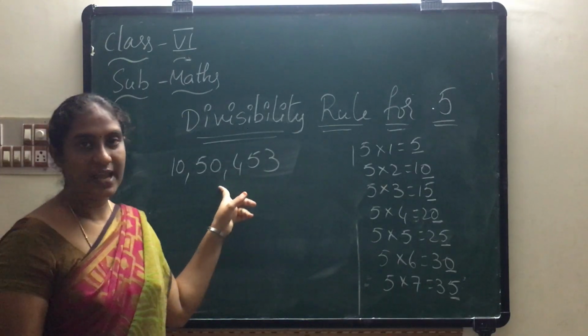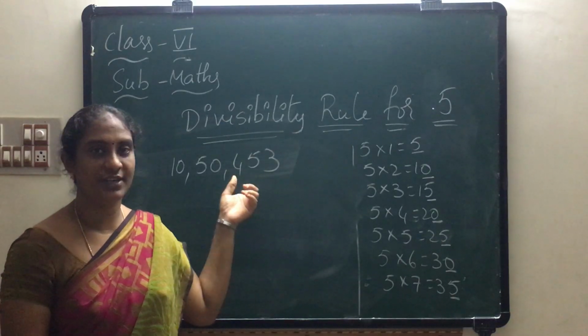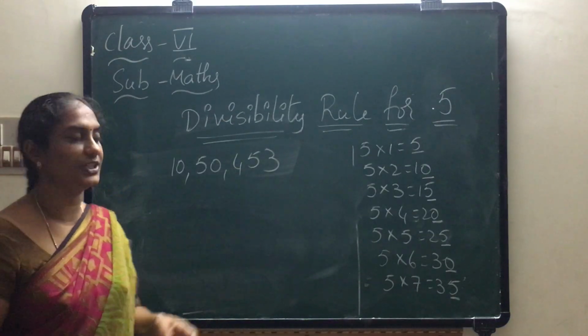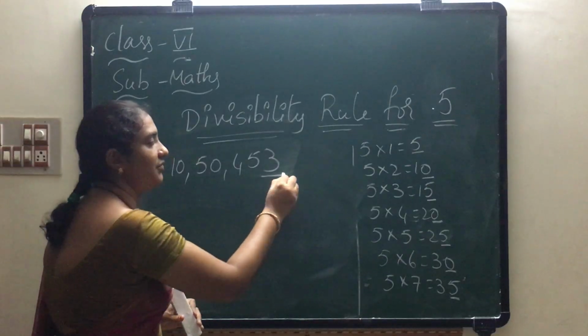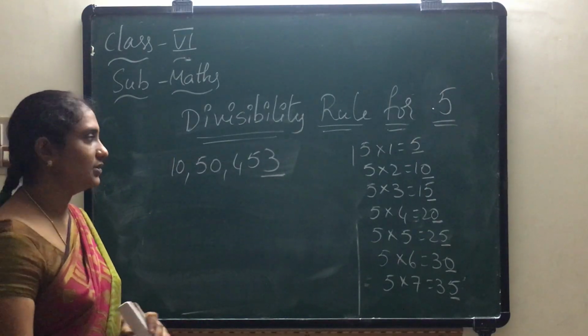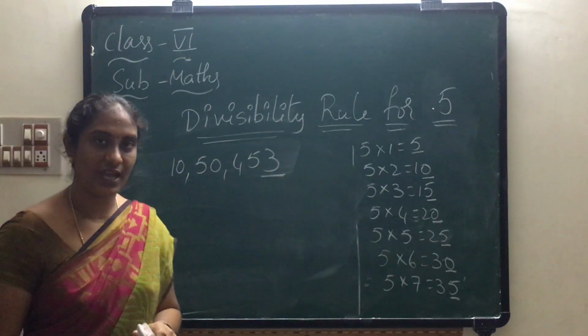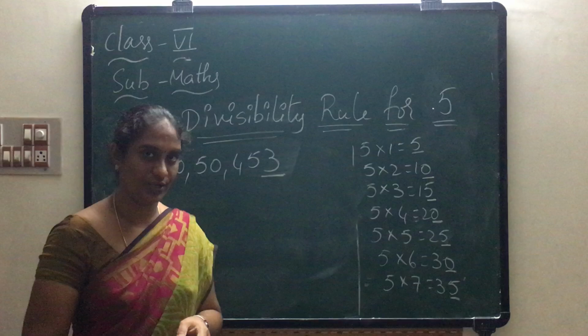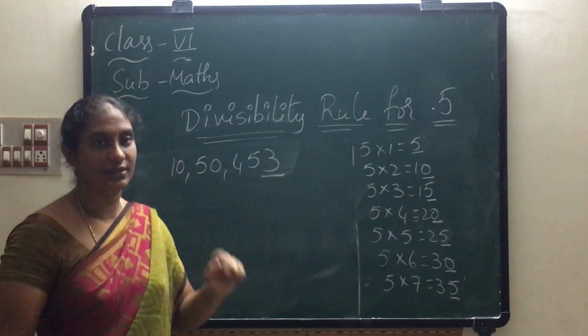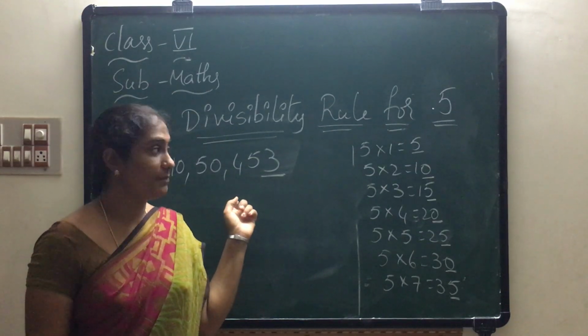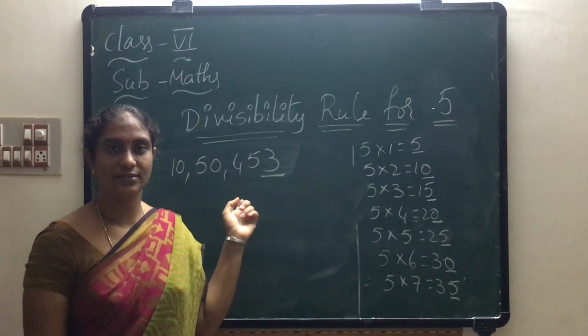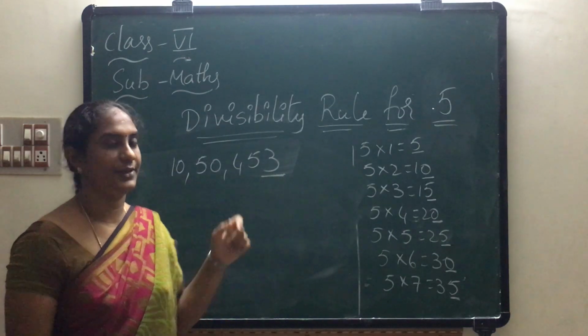Now, by observing this number, in the units place, what is the number we got here? 3. So, for the divisibility rule, what do we have to get? In the ones place, we have to get 5 or 0 only. But here we got 3. Then is it divisible by 5 or not? No, it is not divisible by 5.